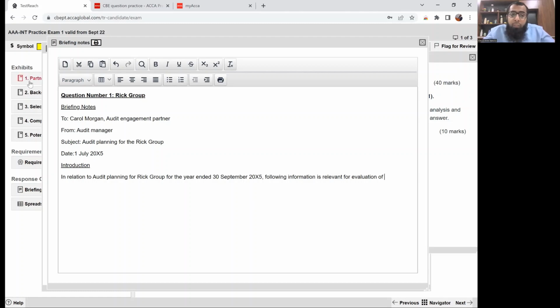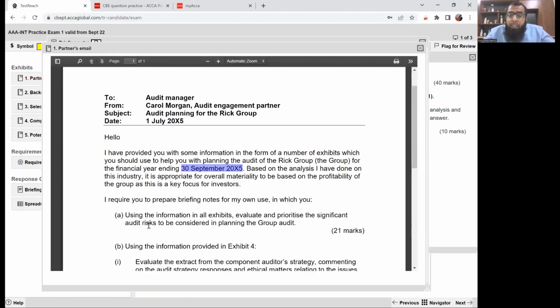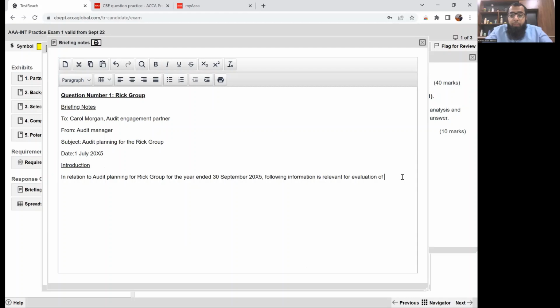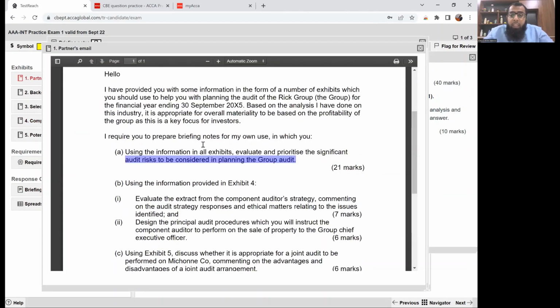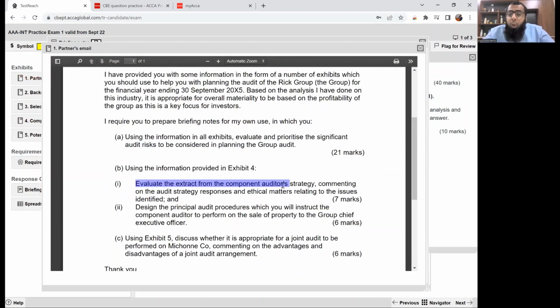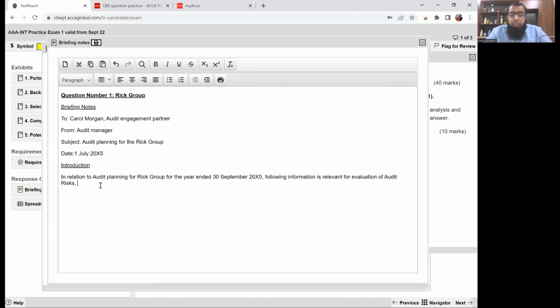Now just look at each of the requirements. The first requirement is audit risk. So I will say for evaluation of audit risk, comma. The second requirement is to evaluate the extract from the component auditor's strategy. So the second is evaluation of component auditor's strategy, comma.